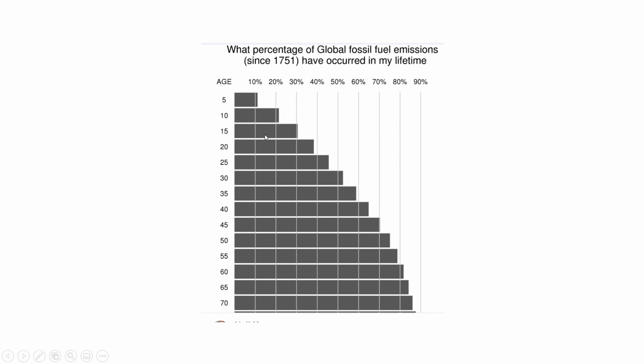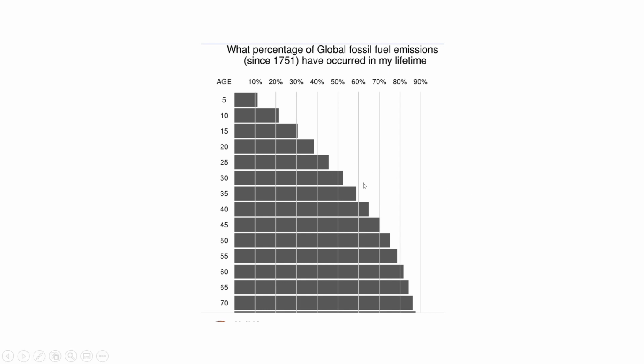In your lifetime, looking at global fossil fuel emissions since 1751, when we were really starting to produce energy using fossil fuels, between 30 and 35% of all of the fuel emissions have occurred in your lifetime. A third of the fossil fuel emissions in our atmosphere have been emitted in your lifetime.